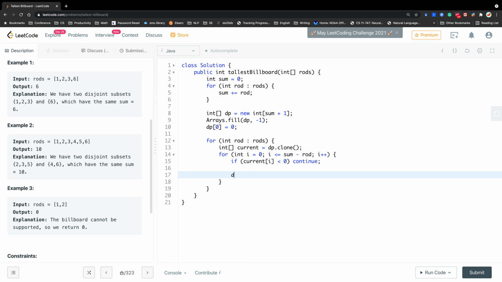Otherwise, we update two. One is we put road in the higher one, that will update dp[i plus road] with the shorter one, current i.